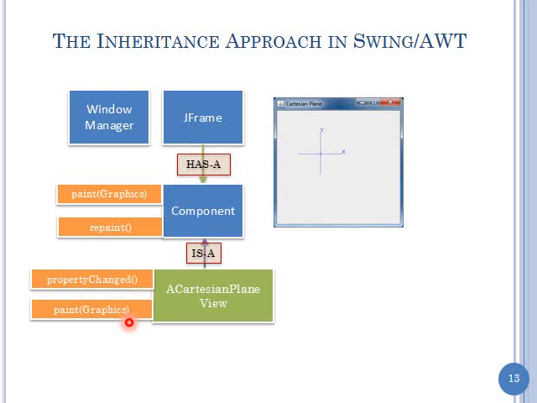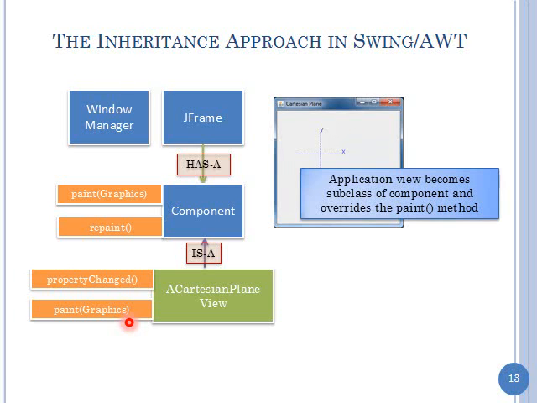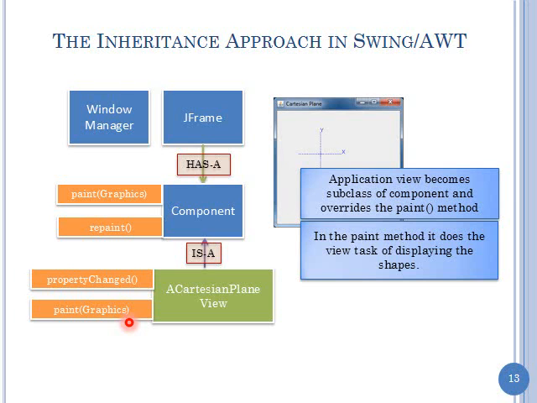Okay. So what's going to happen? When repaint is called, repaint always calls the component's paint method. And now when a repaint method is called in the superclass, it says, I'm going to call paint graphics on the object, and I'm going to use the most specific paint graphics there is.